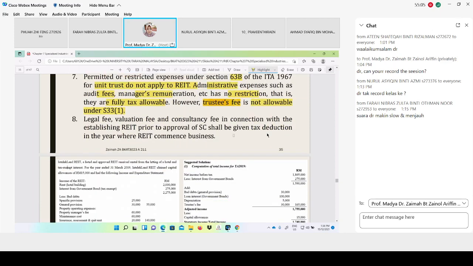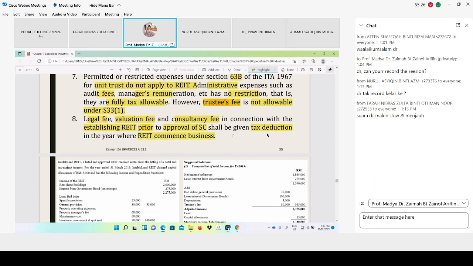So legal fees, valuation fees, consultation fees in connection with establishing the REIT prior to approval of SC shall be given tax deduction in the year where a REIT commenced business.